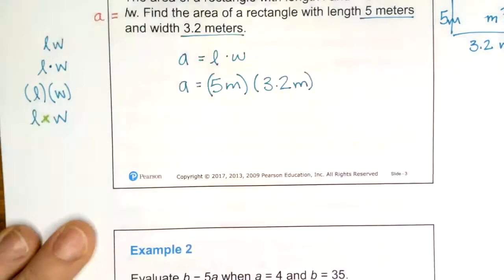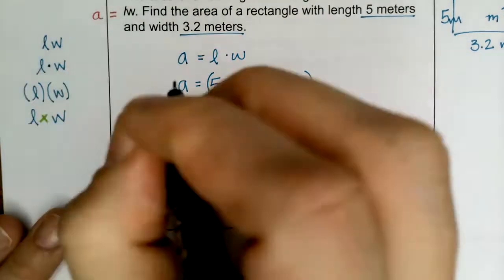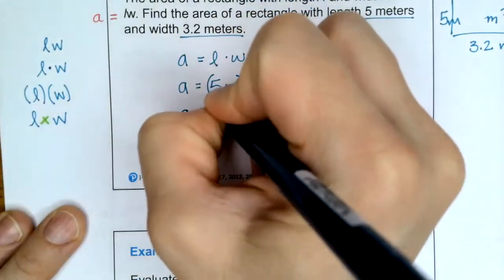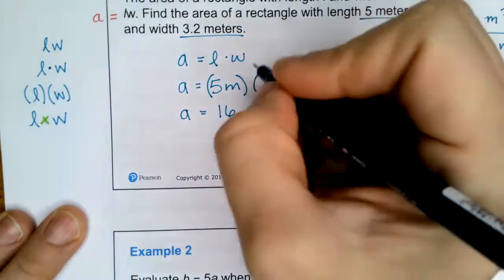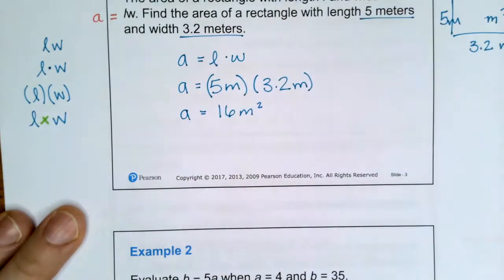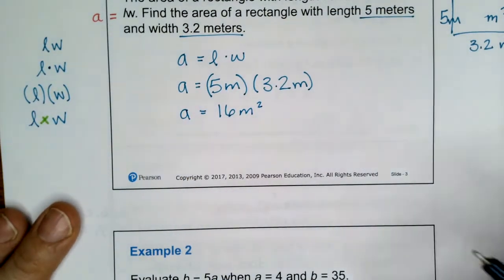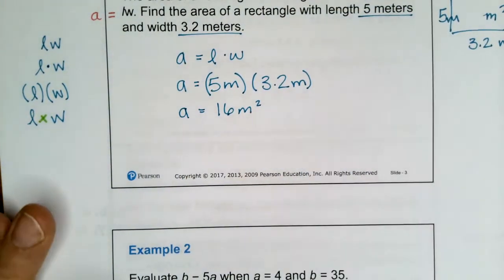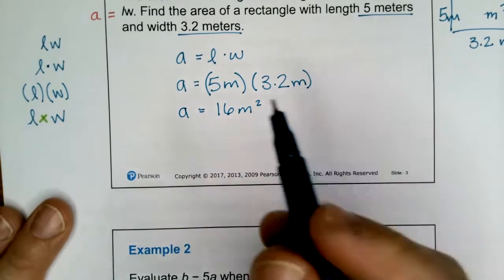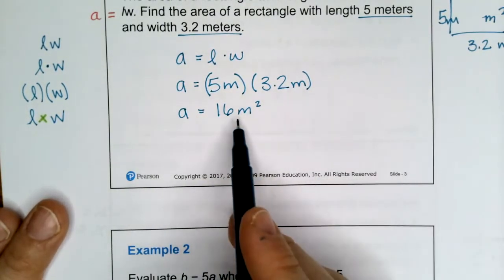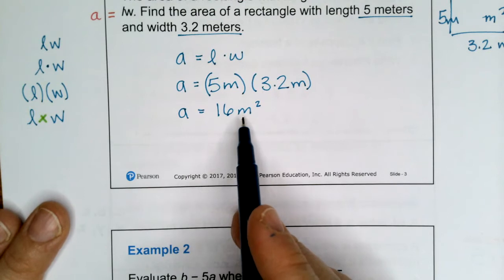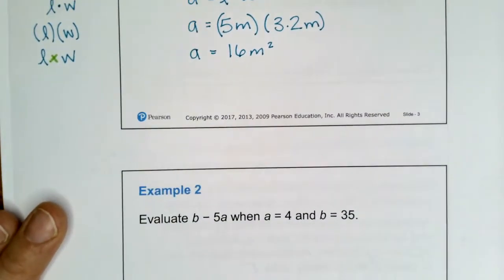And you get 16. So A is 16. A meter times a meter is a meter squared. Anything times itself is raised to the second power. And we are done. M is a known value, so that's not really a variable. That just is short for meters.